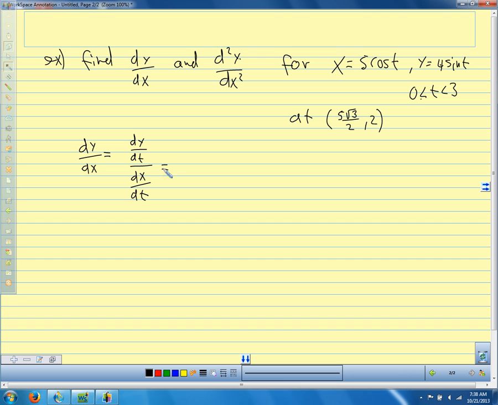And in this case, dy/dt is what? 4 cosine t. dx/dt, negative 5 sine t. So I can write this as negative 4/5 cotangent t.